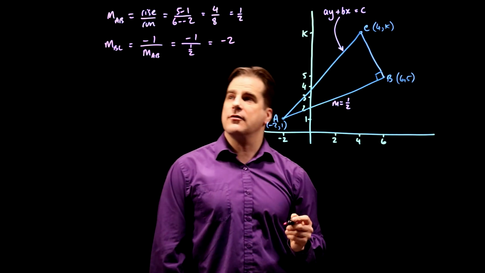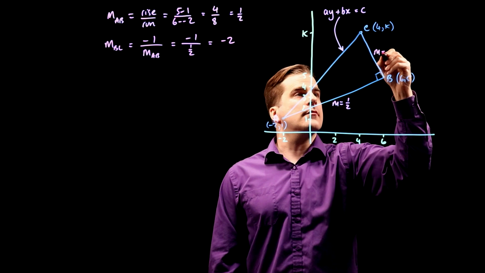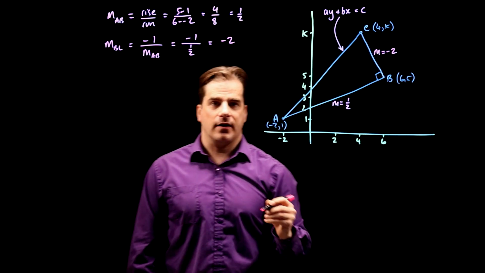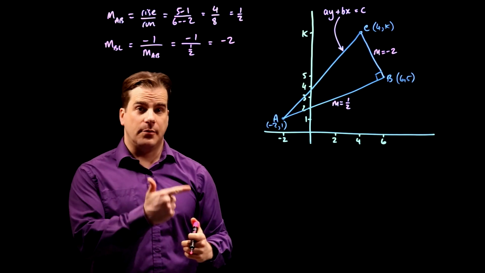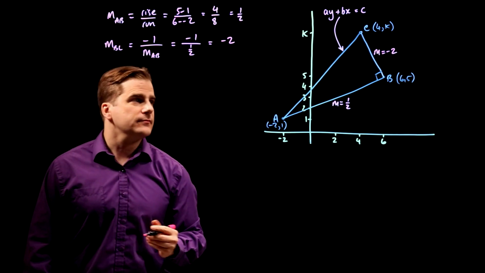Great, so we've got the gradient of the line BC. It's -2. And we know it goes to the point (6, 5), so we've got the gradient and a point, which means we've got enough to write down the equation of that line.